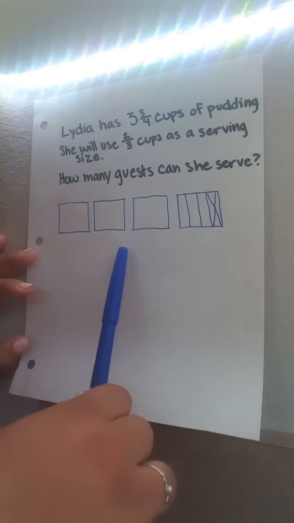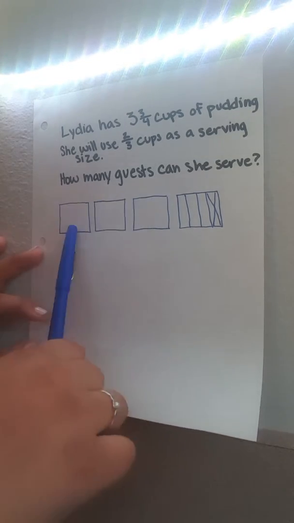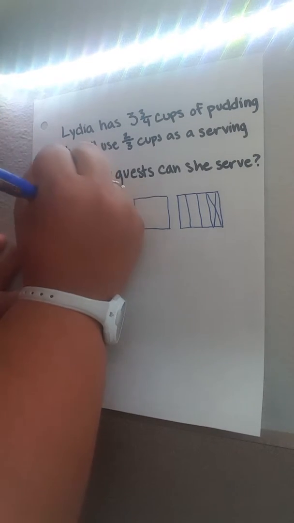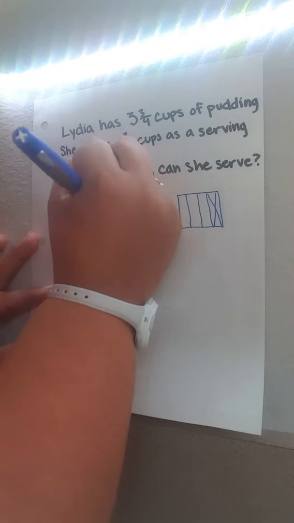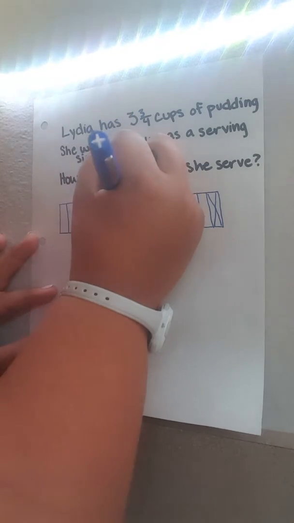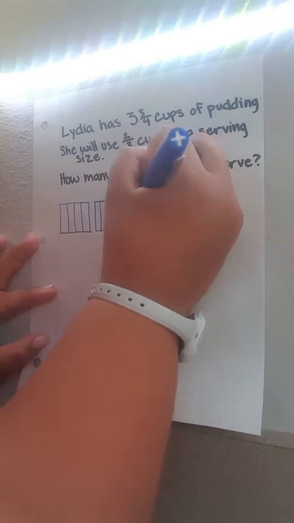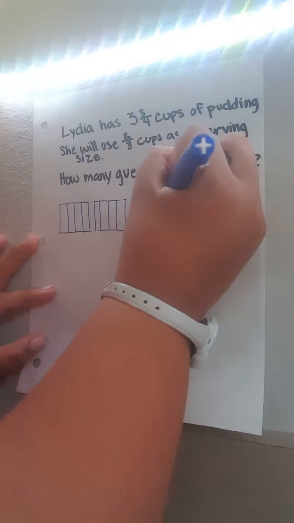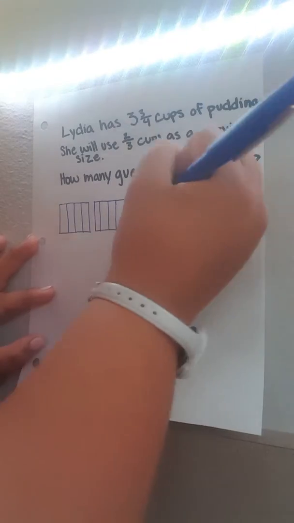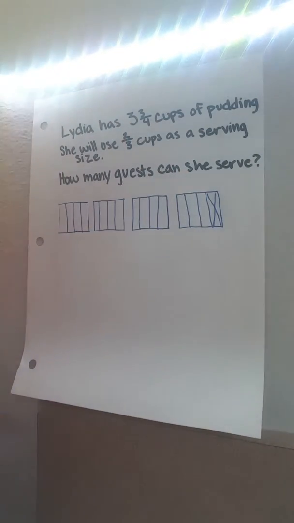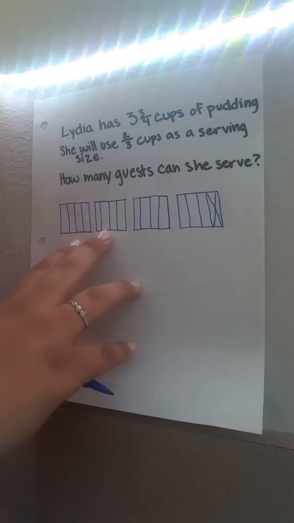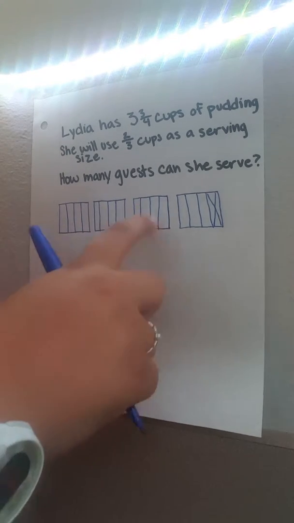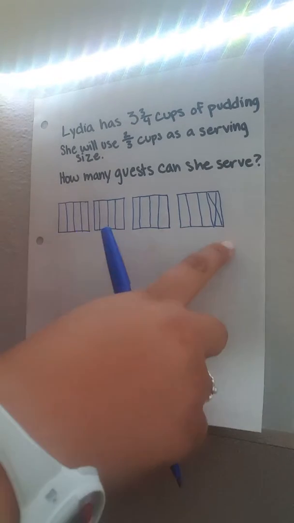But just to make it all similar, I'm going to split these 3 cups into fourths as well, just to make it even. And I know that my lines aren't even, and my cups definitely aren't the same size-wise, but they are cups nonetheless. Okay, so now we see that Lydia has 1, 2, 3 cups and 3/4 of a cup, since we're not using that one.